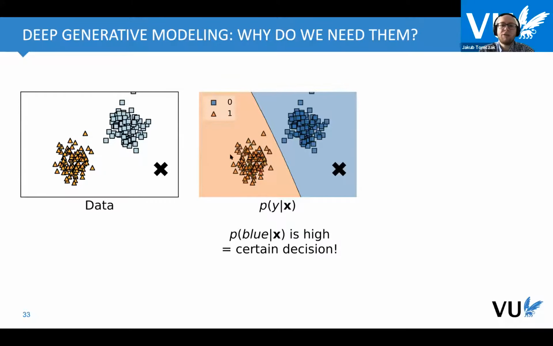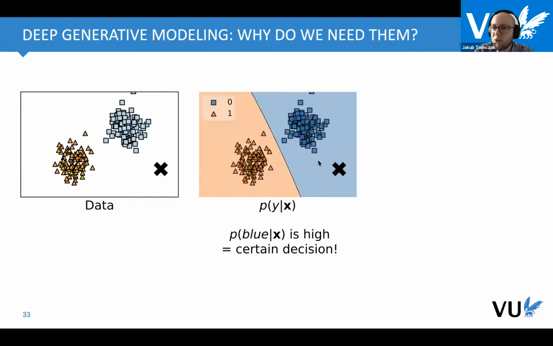Whatever is on the left is orange, whatever is on the right is blue. Now, if you ask the AI system what X is, and this X is far away from the decision boundary, it will say that with high probability this is blue, because it is further away from the orange one.